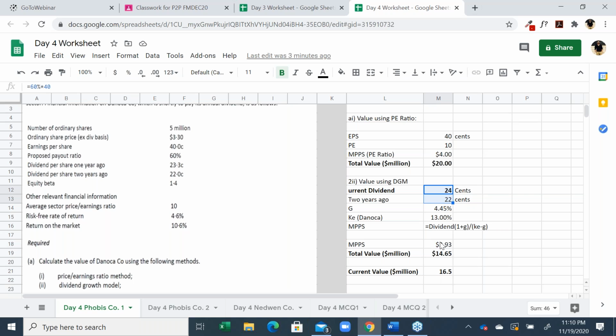So one of the reasons why the existing price of the share is higher than the growth model share price is the growth rate. Maybe the investors in the market expect a higher growth rate than we have used in the dividend growth model, because when you expect a higher growth rate from any investment, you will value it higher.